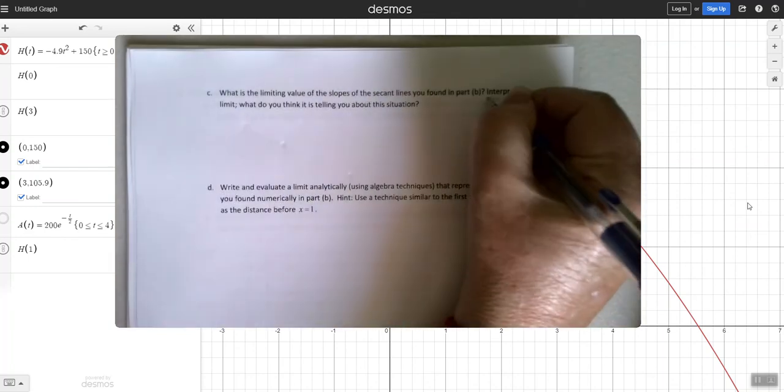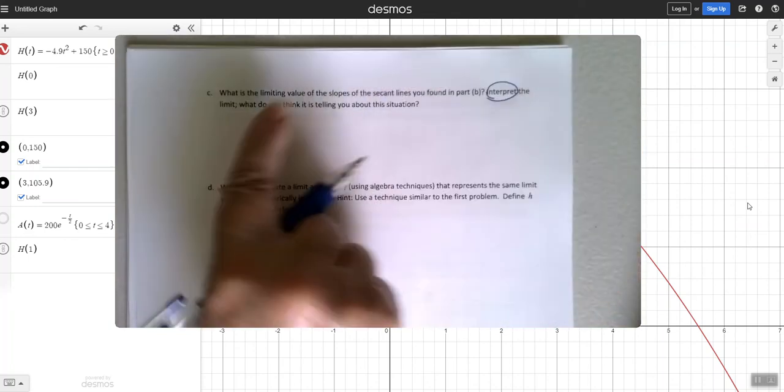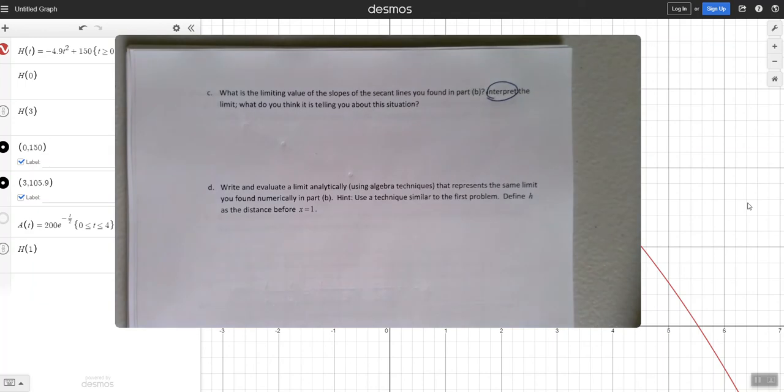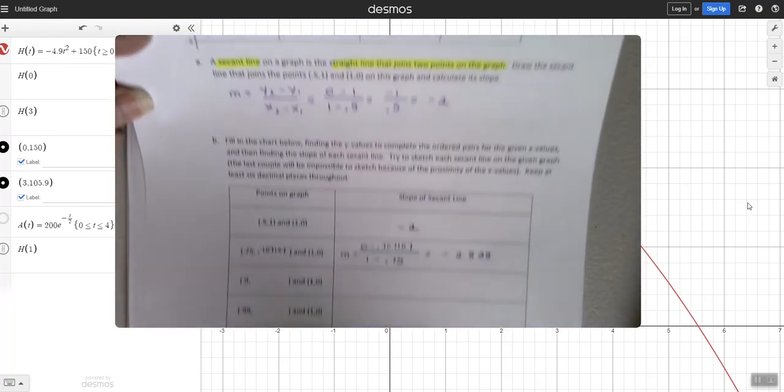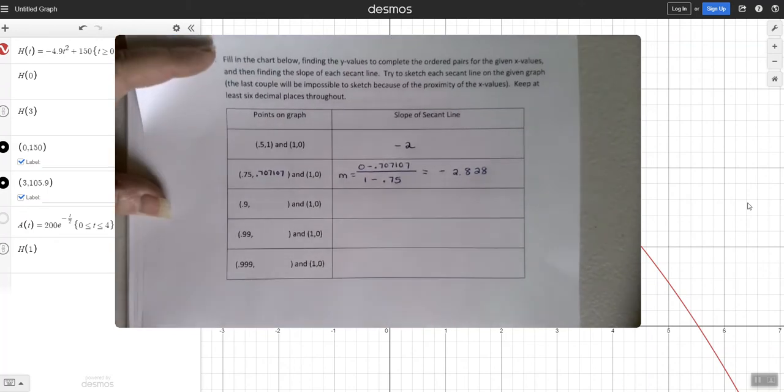I want to talk about interpreting that limiting value for just a moment and what it tells us about this situation. Well, kind of like the falling objects problem, what we're doing here is bringing two things really close together. In the falling objects problem, we're bringing the times very close together to get right close to that exact 3-second mark.